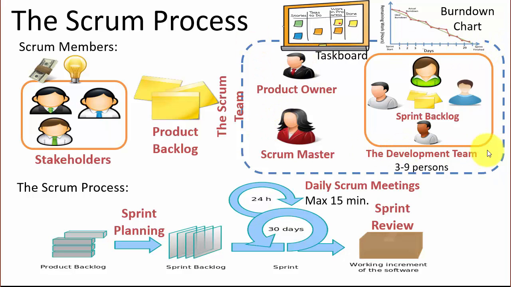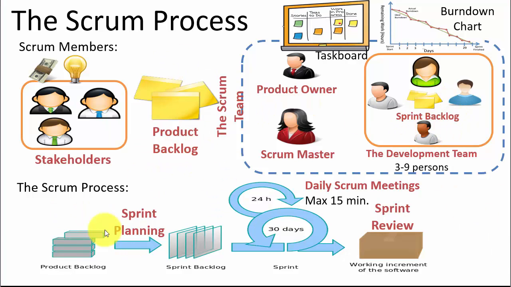And then you have the development team itself. In total you have 3 to 9 persons, so you have 5 to 9 people within the development team. Here you could have programmers, you could have testers, you could have software architects, etc.